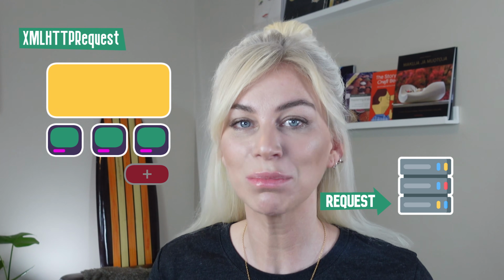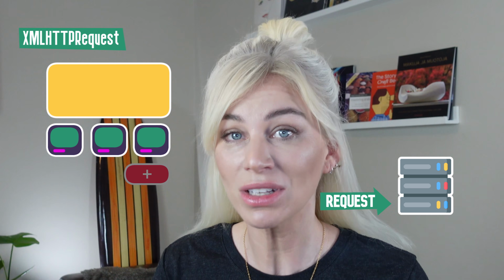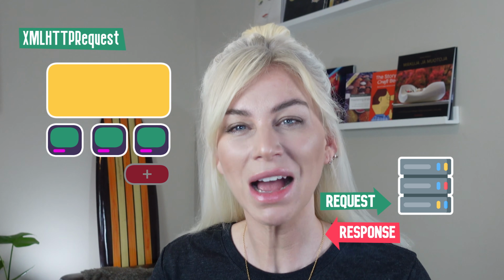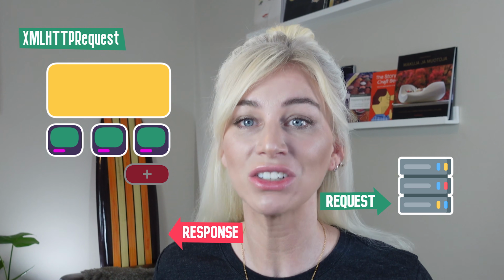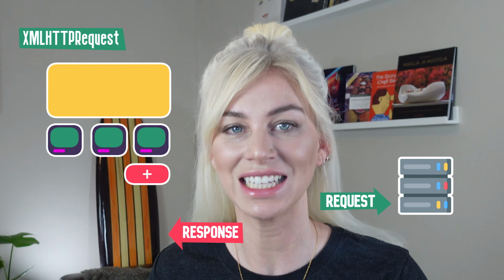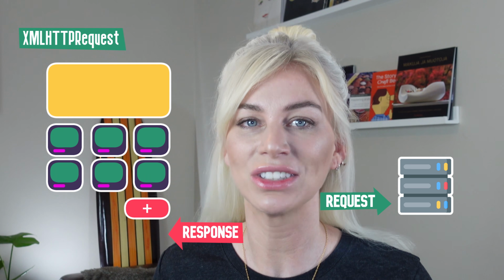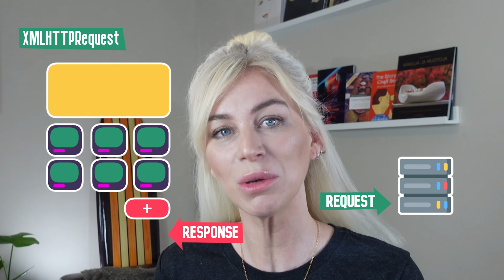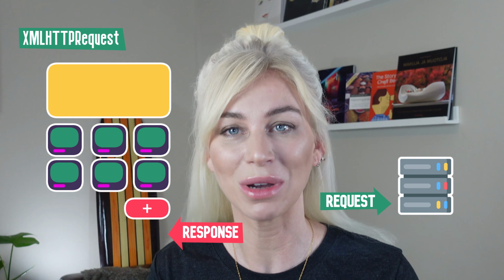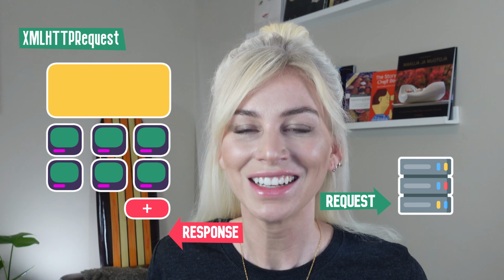Now, the server will next process the request and send a response back to the web page. Once back on the web page, the response is read by JavaScript and the proper action is taken. In this case, the page content will be updated by JavaScript and we will have more films showing on the website. Simples, right?